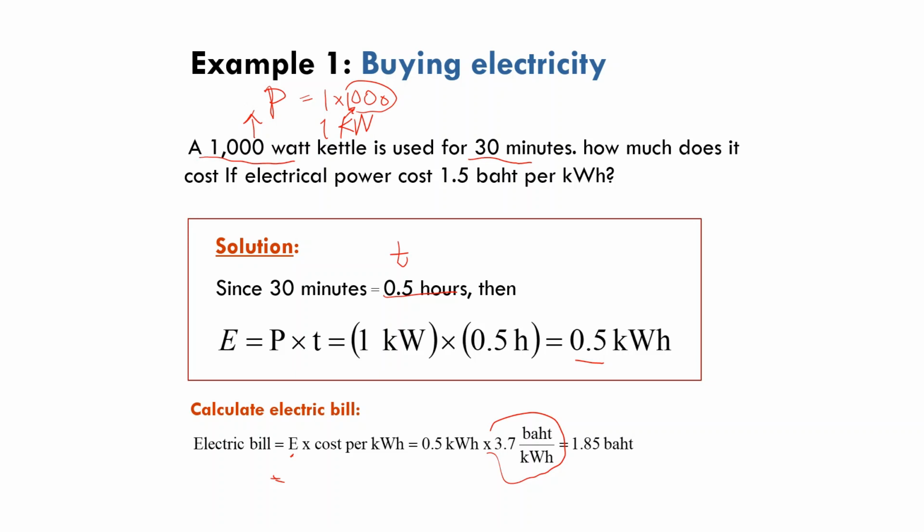Let me check. Alright, so when you use 3.7 baht, it's going to turn into 1.8 baht because you only use 0.5 kilowatt hours.